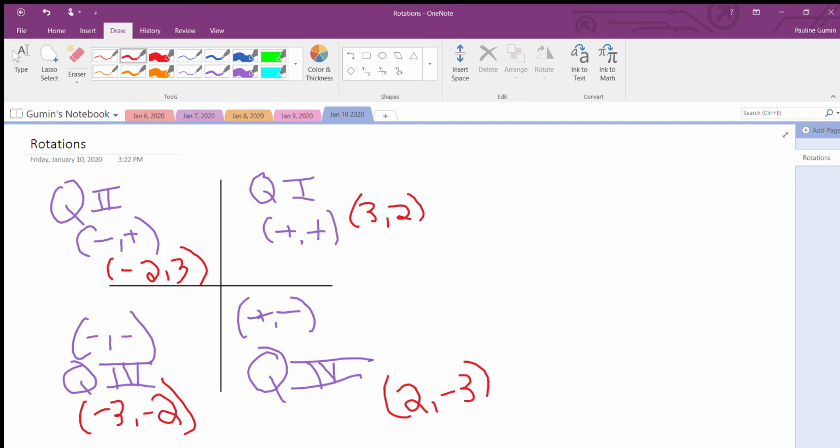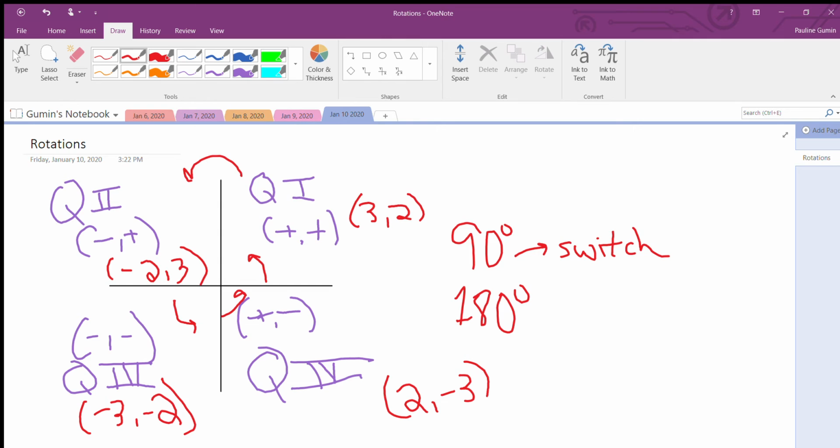And if you notice, we're dealing with 2's and 3's this whole time. With each 90-degree turn, you should notice that my 2's and 3's are flip-flopping. So when we go 90 degrees, we switch places of the 2 and the 3, those x's and y's.